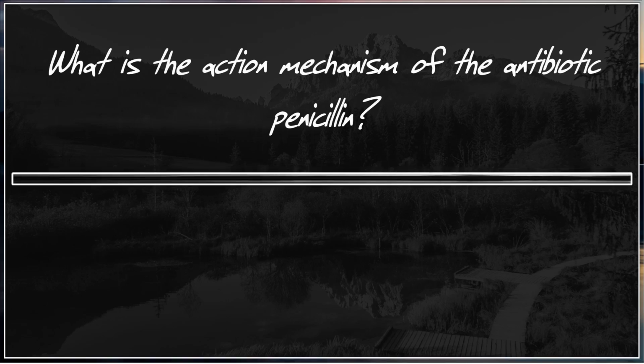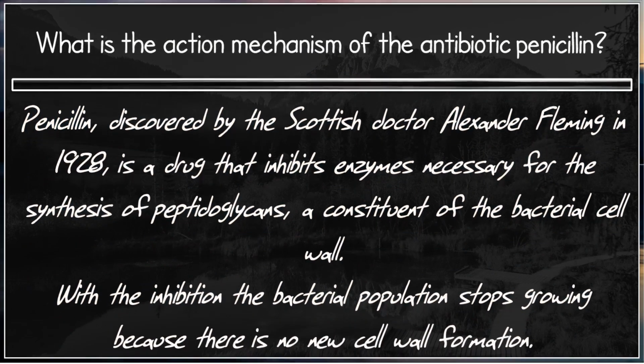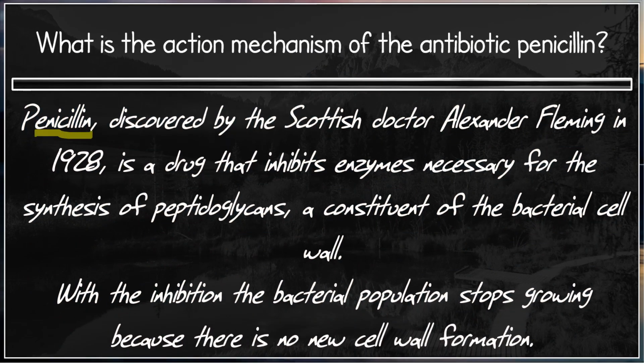What is the action mechanism of the antibiotic penicillin? Penicillin was discovered by a Scottish doctor, Alexander Fleming, in 1928.